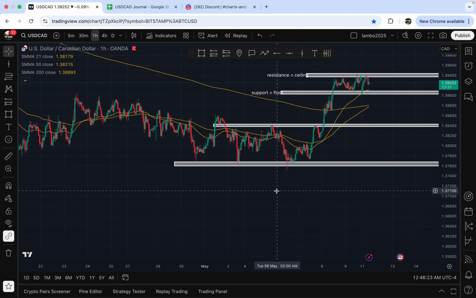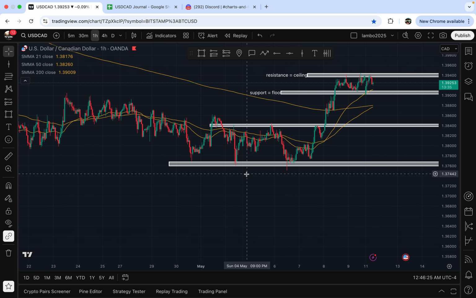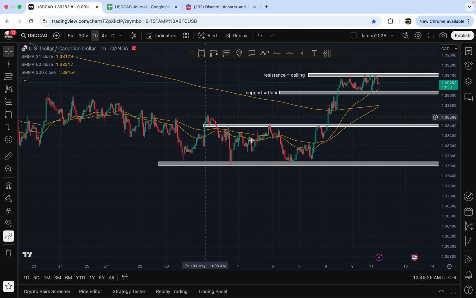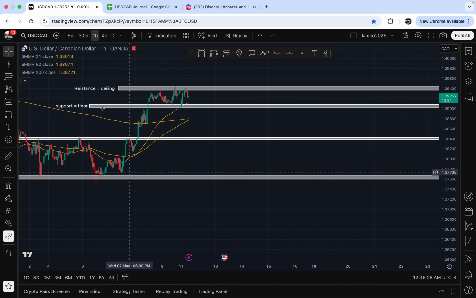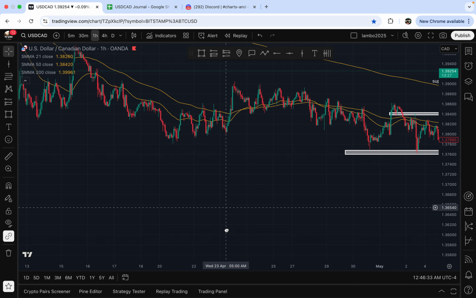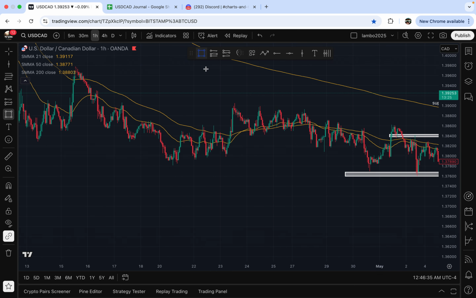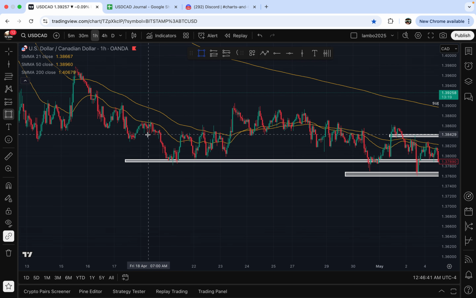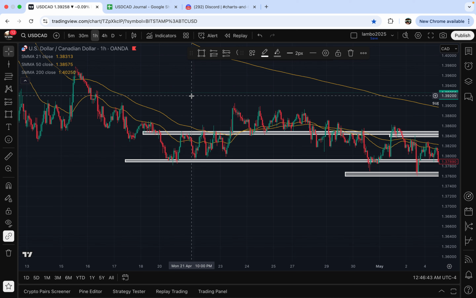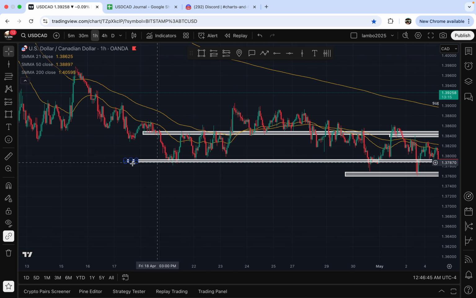This one gets a little more confusing if this happens, but don't focus on this right now. Just focus on knowing how to draw your levels of support and resistance. Okay, and I can do more demonstrations over here. We have support, and then right here we have resistance. So you can see, okay?